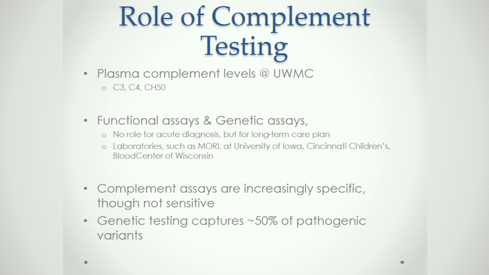And typically, I approach it from the standpoint of saying, first of all, there's no acute need for the results of a functional assay or genetic test. Those are all to help us guide long-term diagnosis and planning. Laboratories across the country have definitely grown into wanting to do these tests, partly to serve the population that is high risk for this, as well as some for-profit companies that are wanting to do it as well.